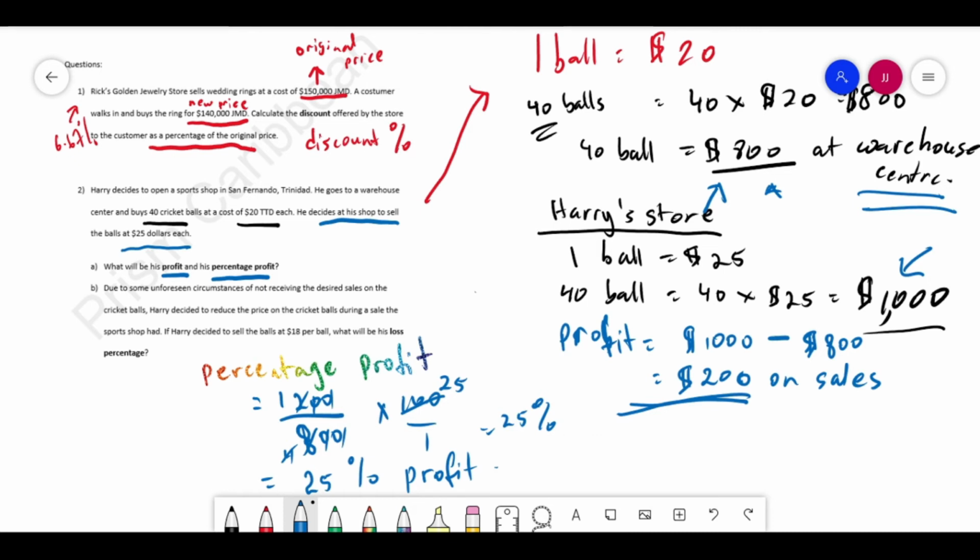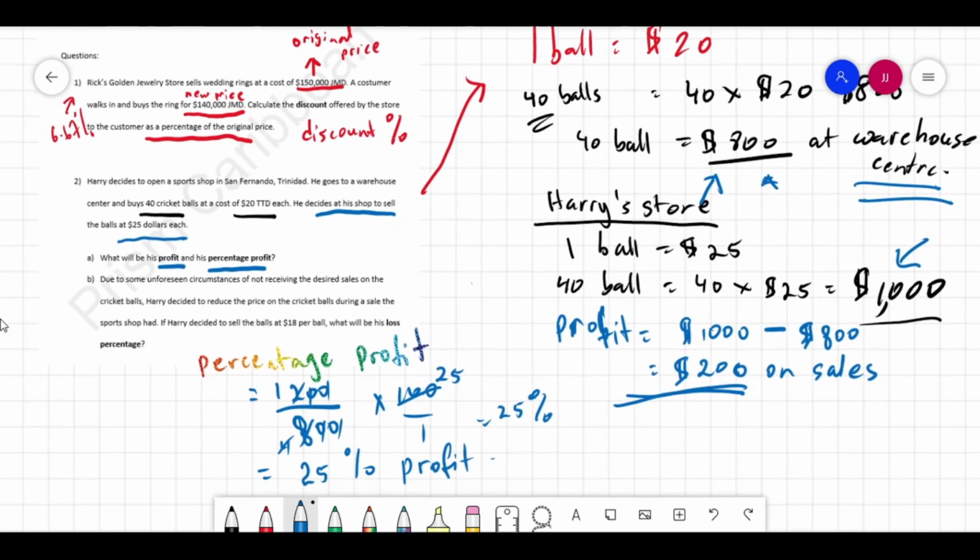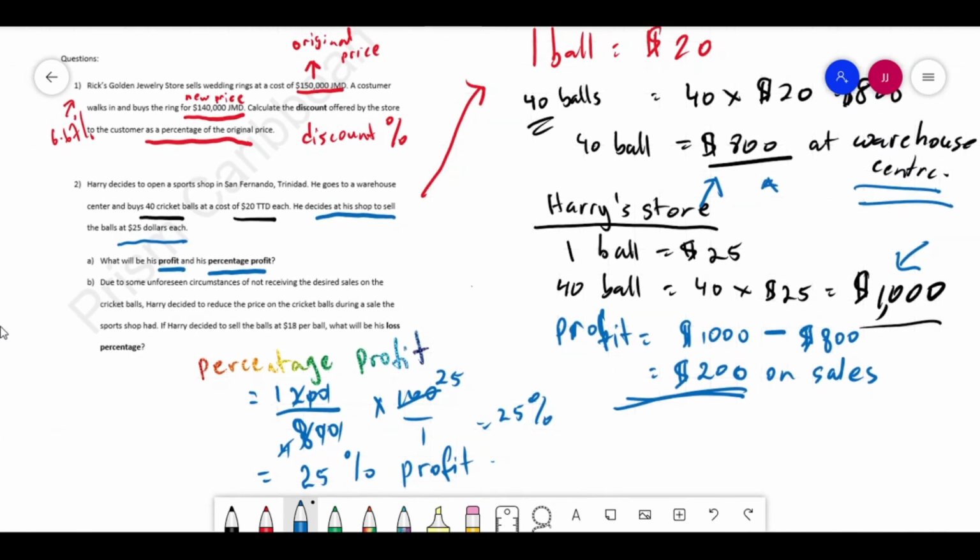Again, what you're doing is taking the profit over the cost price and multiplying it by 100%.